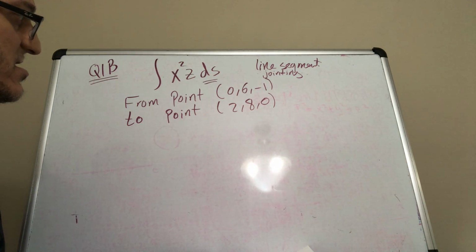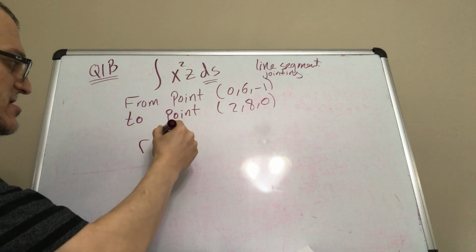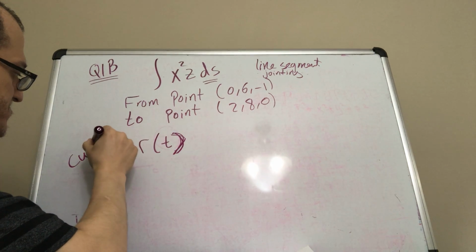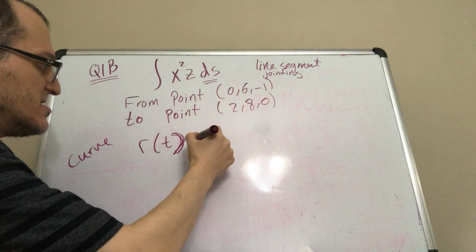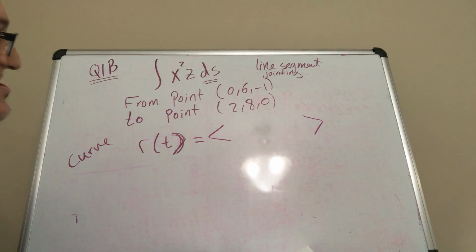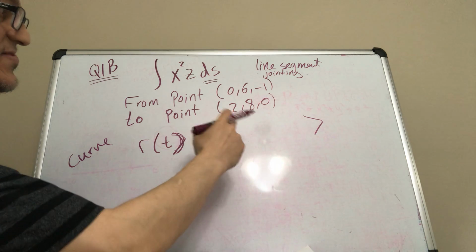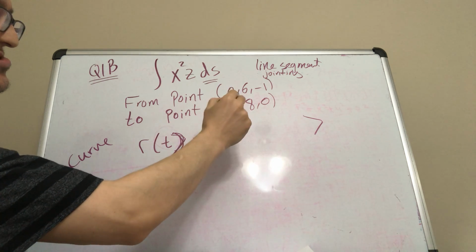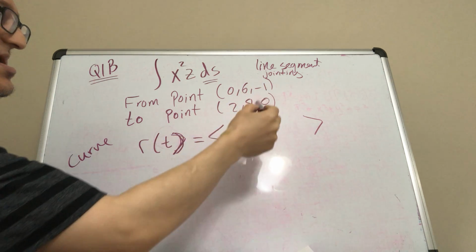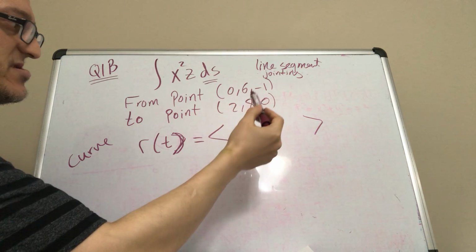Okay, the trick here is to figure out the curve. Now, I want the curve. If you plug 0 in the curve, you get 0, 6, minus 1. And if you plug 1, you get 2, 8, 0. Now watch.